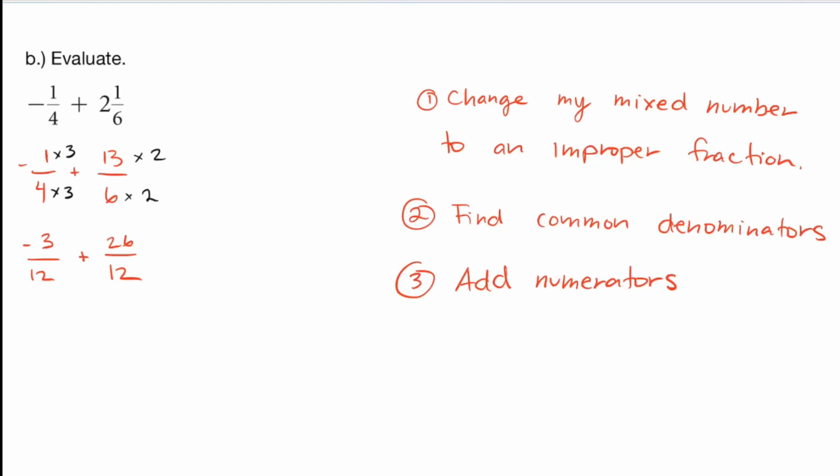I have negative 3 plus 26, which is 23 over 12. And if I want to change this to a mixed number, I would get 1 and 11 over 12. So that's my answer.